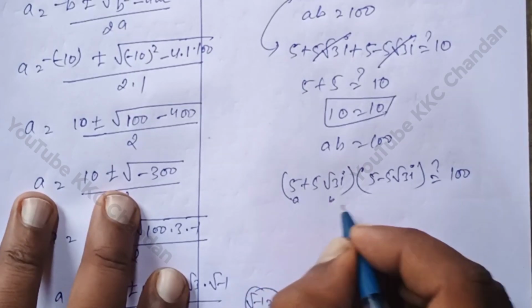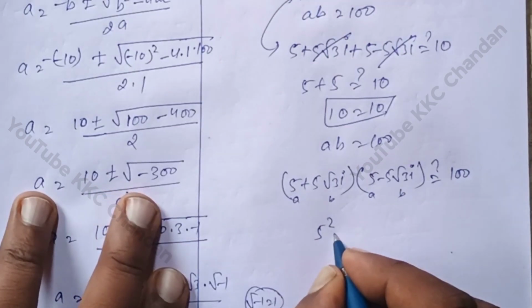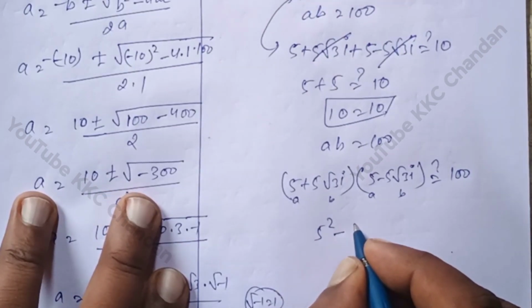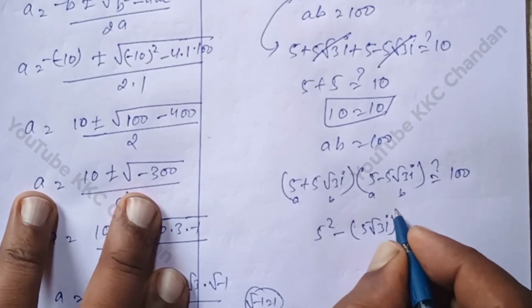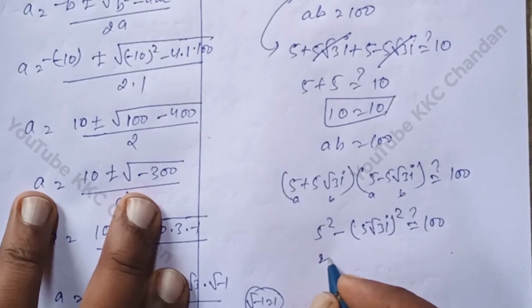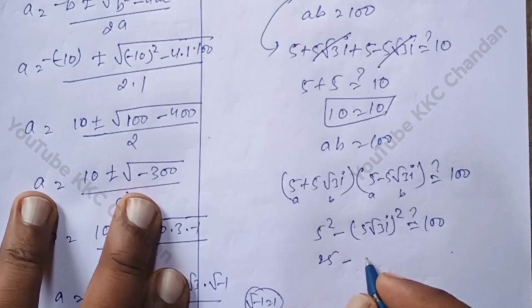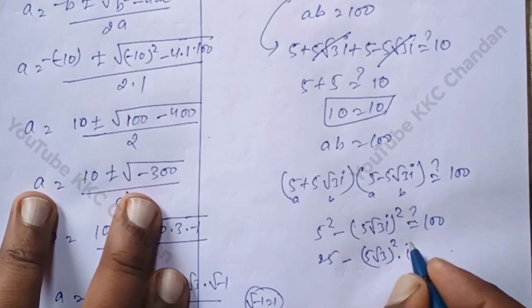It is a plus b times a minus b. Therefore 5 square minus bracket open 5 root under 3 i whole square is equal to 100 question mark.